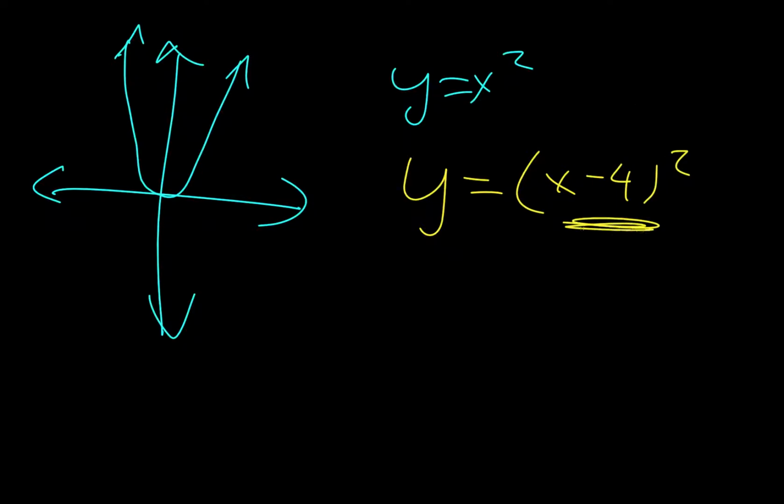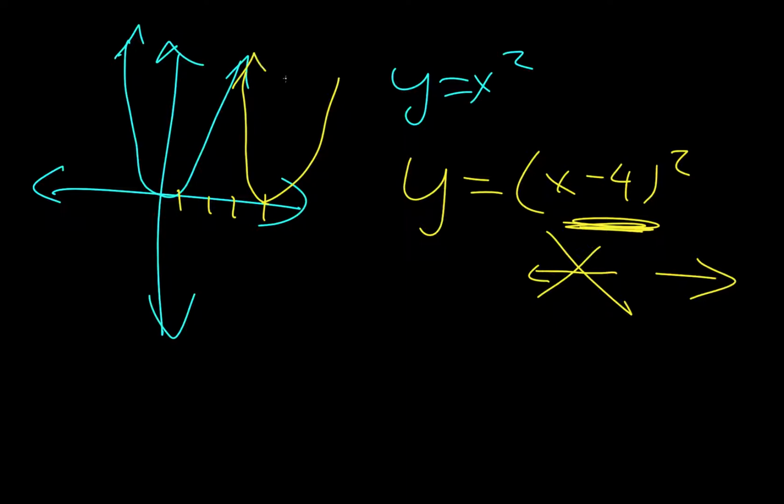And so what that's going to do, once again, we feel like it should go to the left, but it doesn't. It actually goes to the right. And so if we just go 1, 2, 3, 4 and graph it, that would be our new function. Okay.